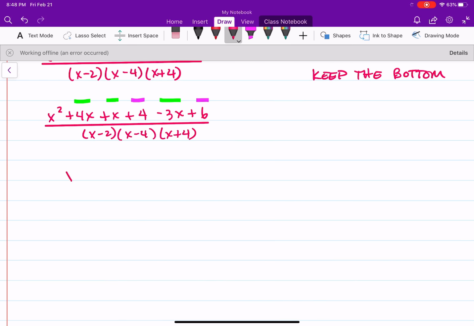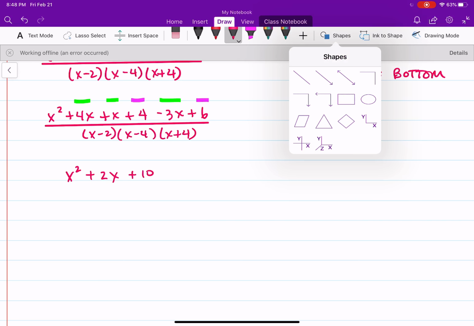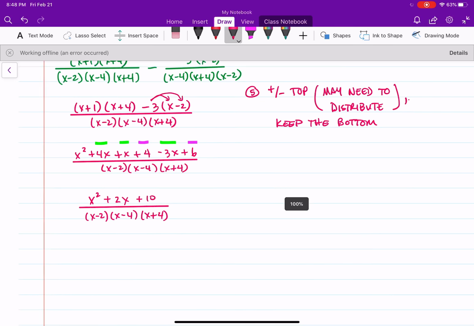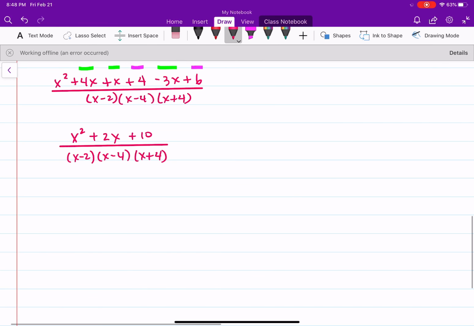I have x squared. 4x plus x is 5x minus 3x is a plus 2x. And then the 4 and 6 is a plus 10, over x minus 2, x minus 4, x plus 4. Okay, so that is the end of step 5.